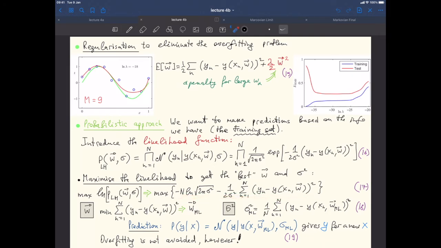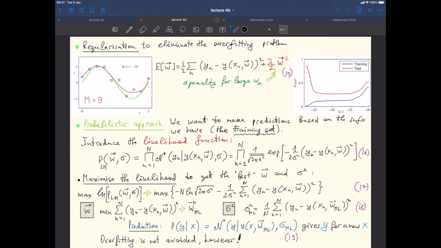You will obtain for the sigma the following equation. So the least square method would give you these w's, and once you know the w's, you can substitute them in here and you get the value of the sigma. This would give you the likelihood function.